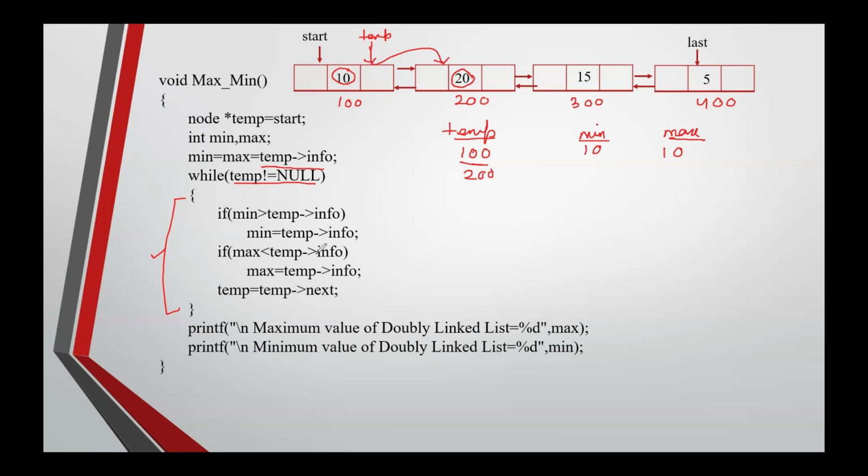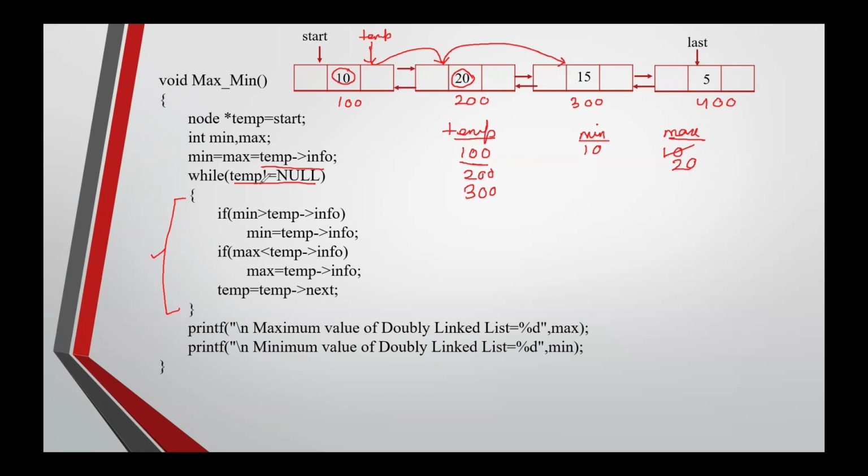Then if max is less than info: max is 10, 10 is less than 20. Yes, it is true. Then we make max equal to temp info, whatever value is stored inside max, 10, so we store the value 20. Now temp equals temp next. What is temp? 200. 200 next is 300. Now the pointer points to this node.